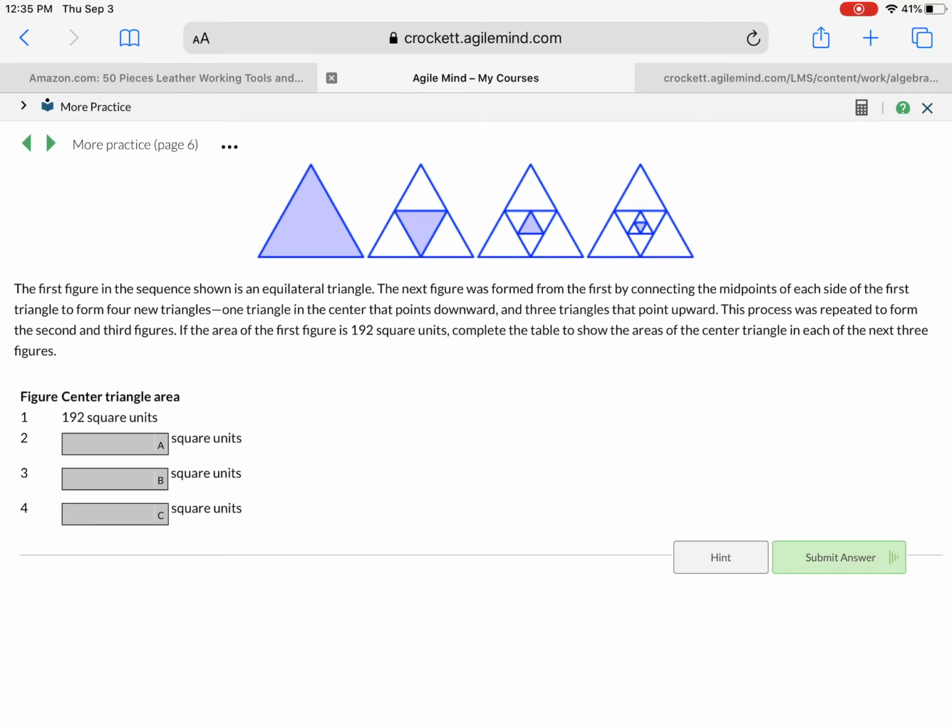All right, number 6. All right, so now we're looking at something called the Sierpinski triangle. And we will actually learn more about this Sierpinski triangle next week. But for now, each new figure is formed by dividing the center triangle into the previous figure of 4 congruent triangles.